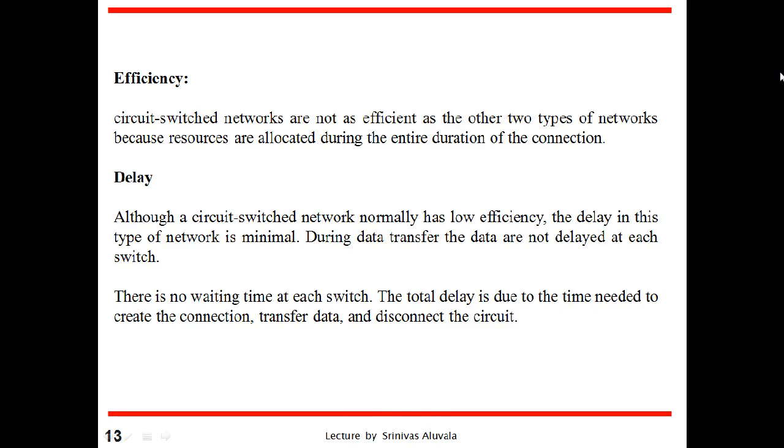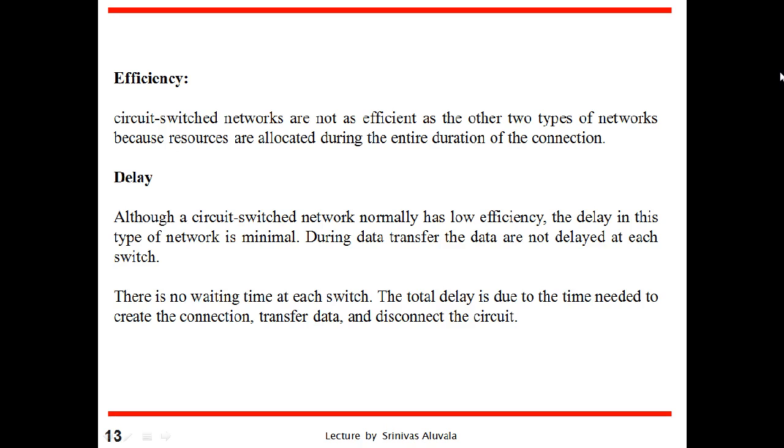The efficiency of a circuit switched network is not as high as the other two types of networks, because resources are allocated during the entire duration of the connection.